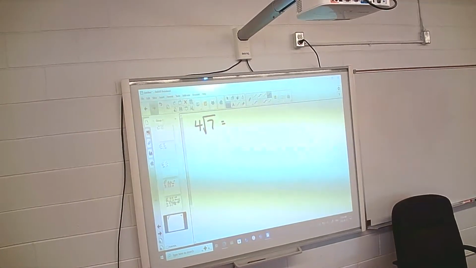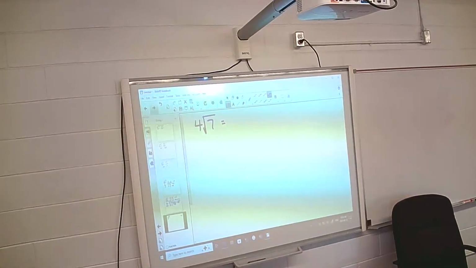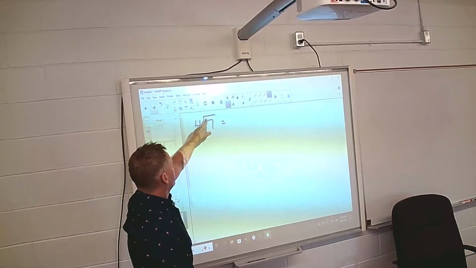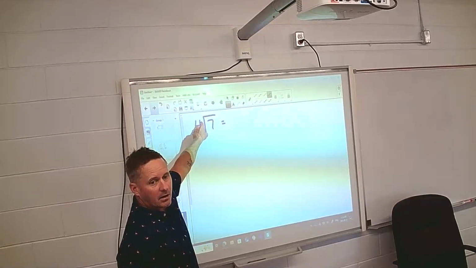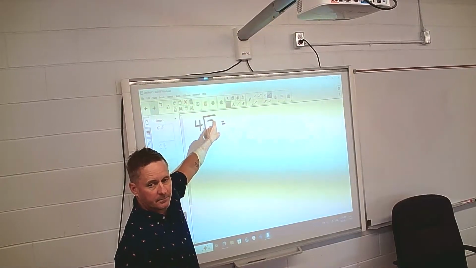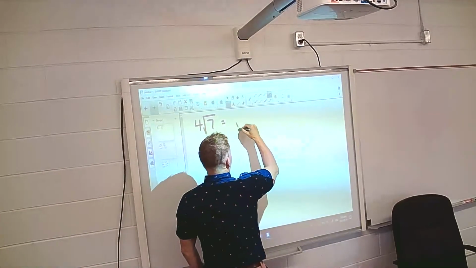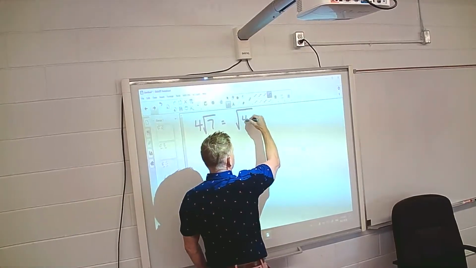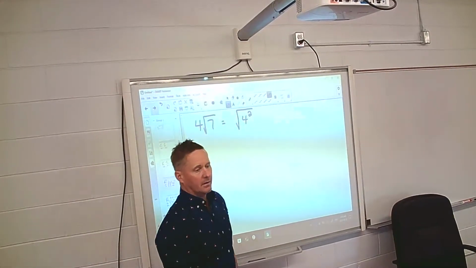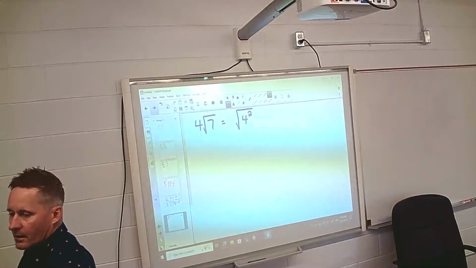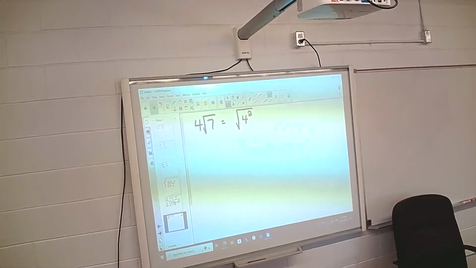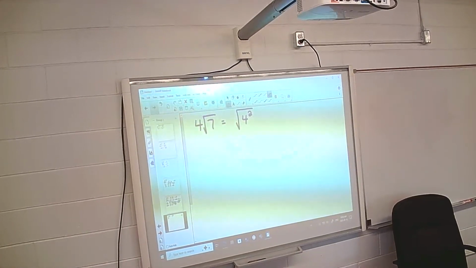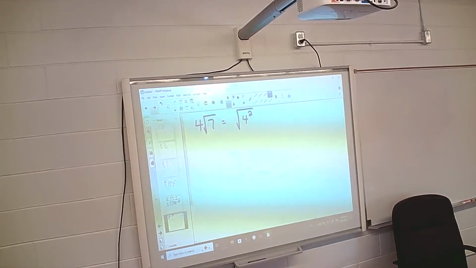The first step is, if this is a square root, I take the square root of that number squared. Now, if I take the number and square root it, but I'm also squaring it, what happens with the square root and the squared value?